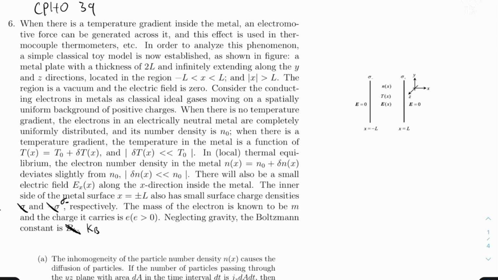So the question first stated that there are two planes over here, which have charge distributions of sigma minus and sigma plus.